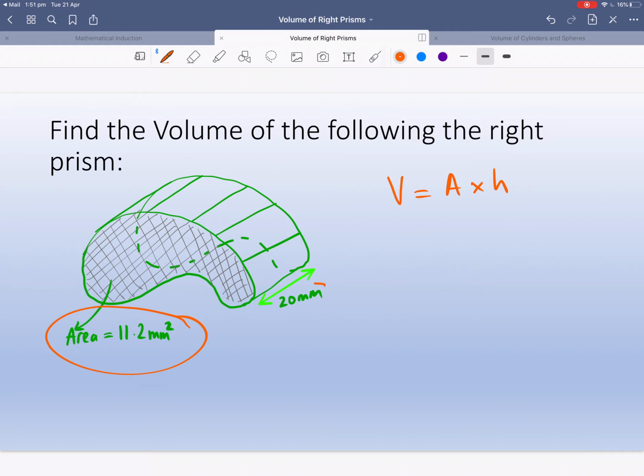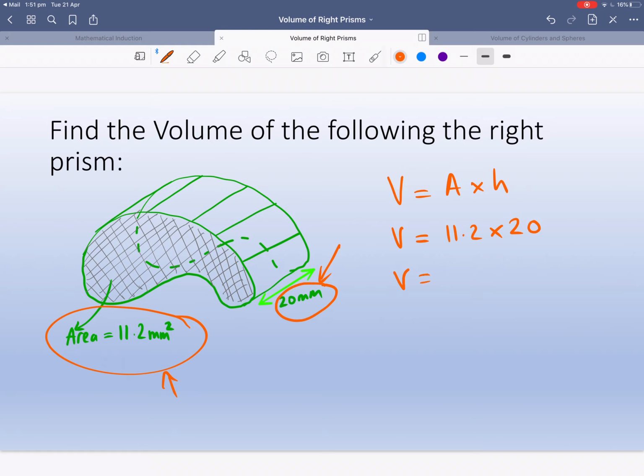And it actually has the height, which is 20. So even though it looks like a weird shape, it's actually a really easy question. We go 11.2 in for the area because it tells us there, and then we're going to times it by the height, which is just that guy there.